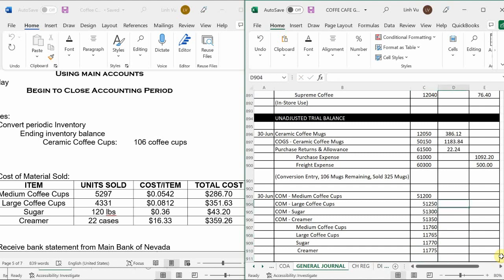Okay. So in this case, what was the total cost of materials for my medium coffee cups? 286.70. What was the total cost of my large coffee cups? 351.63. What was the total cost of my sugar? And what was the total cost of my creamer?